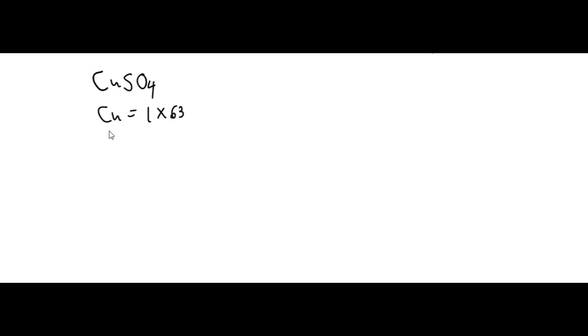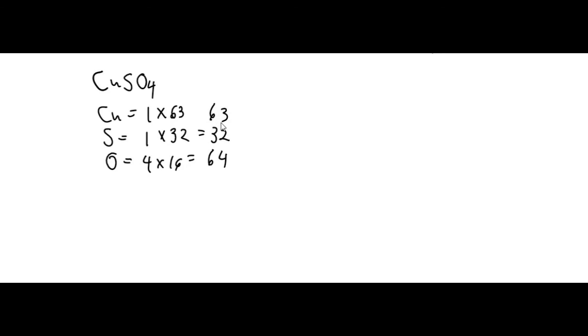The atomic mass of sulfur is 32, and oxygen is around 64. There you go, 64, 32, 63.